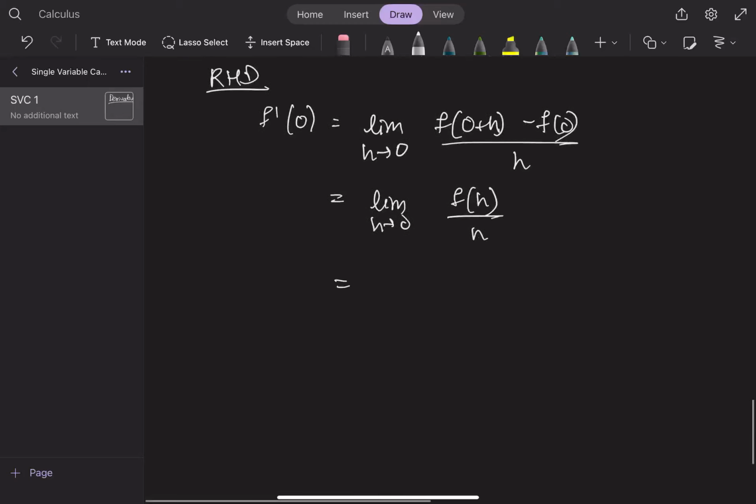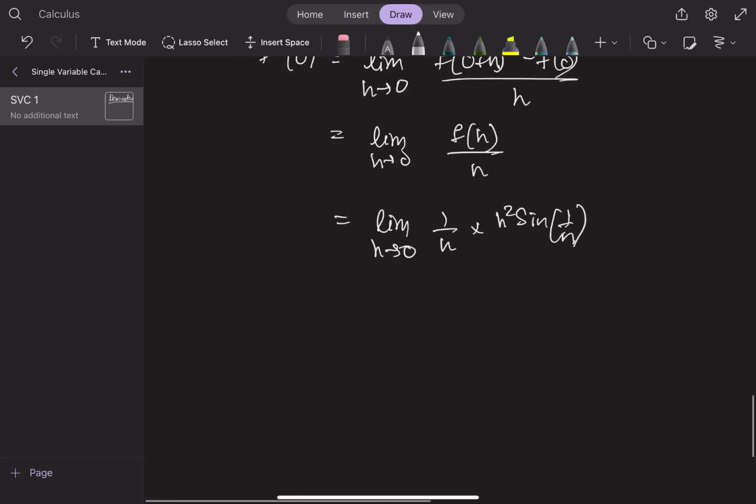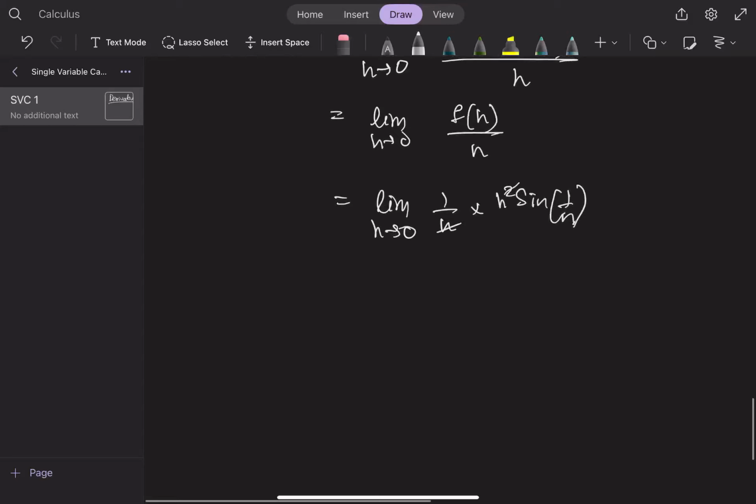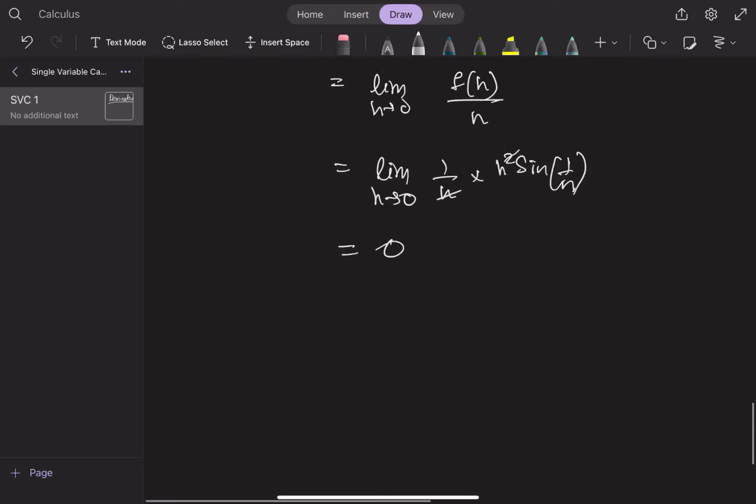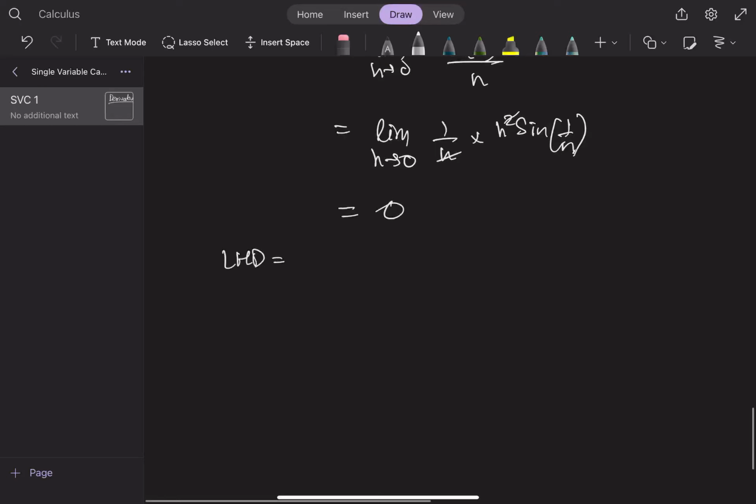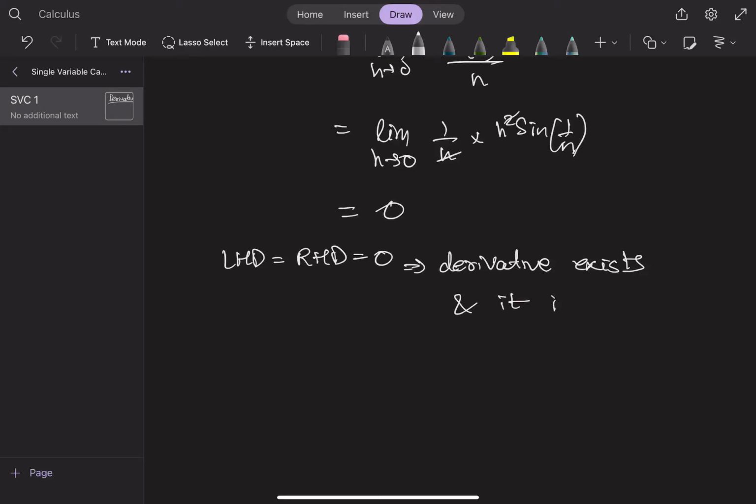So again you get limit h tends to 0 1 by h into h square sine of 1 by h. So you can cancel one h, and again when you put in the value of h as 0 you get 0. So as LHD and RHD are equal and they're both equal to 0, that means your derivative exists and it is 0. This is your answer.